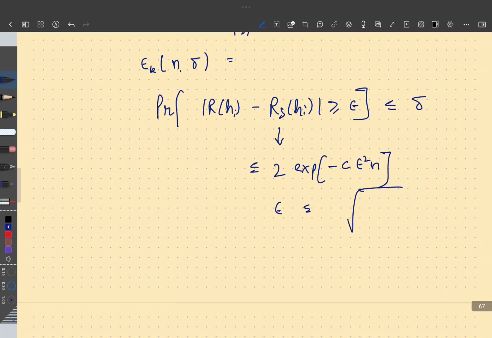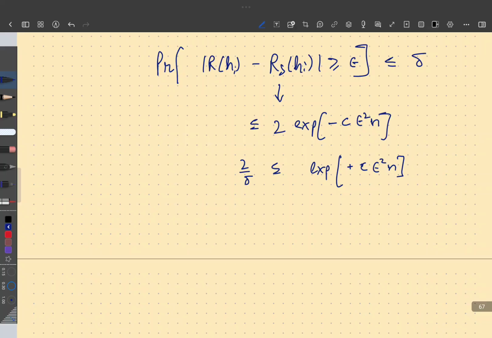So if you want to do it step by step, I have 2 over delta less than or equal to e to the power c epsilon square n.